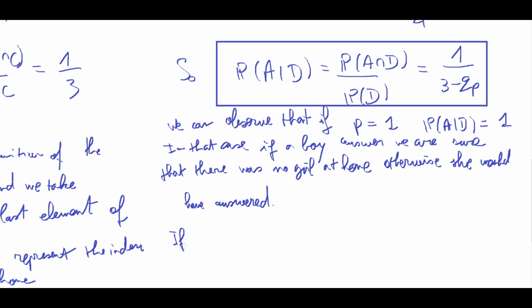If P equals 0, then the probability of A knowing D is equal to 1/3.